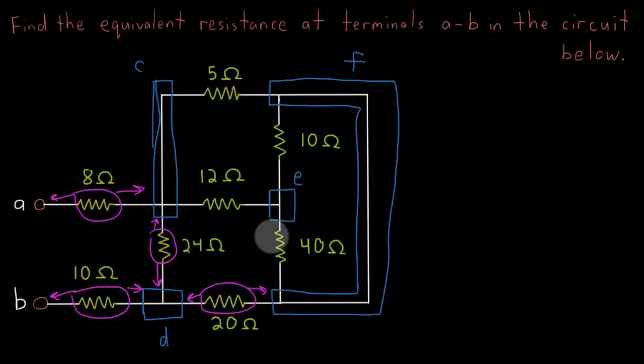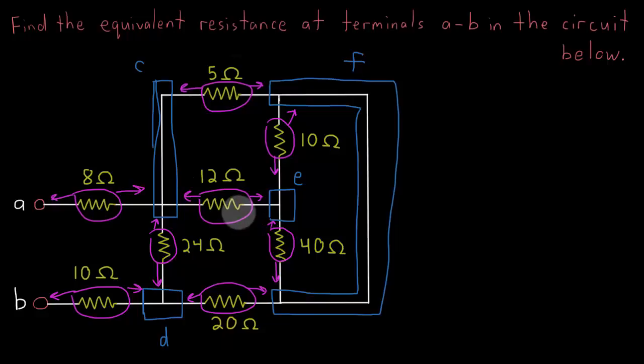The 20 ohm to node D and F, 40 ohm to node E and node F, 10 ohm to node E and node F, the 5 ohm resistor to node C and node F, and the 12 ohm resistor to node C and node E.